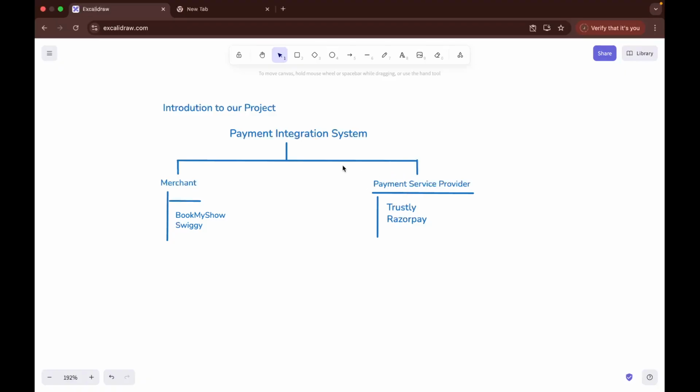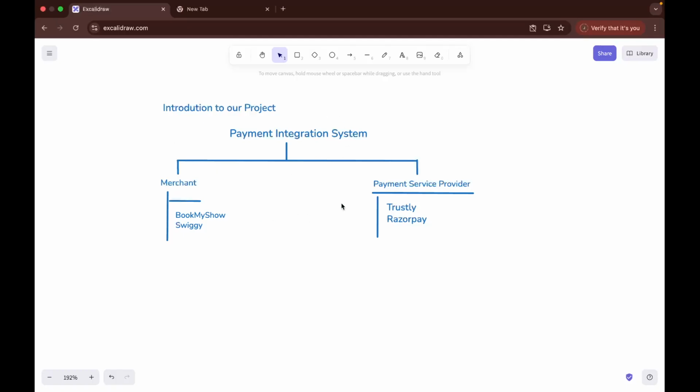Then it talks with the payment service provider, which also checks the payment and returns to the payment integration system. If the payment is a success, it returns success, and if the payment is a failure, it returns payment failure.